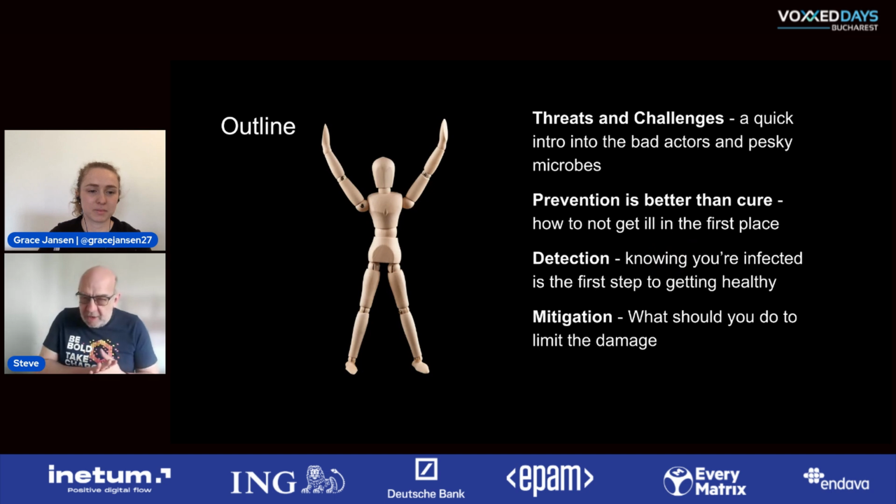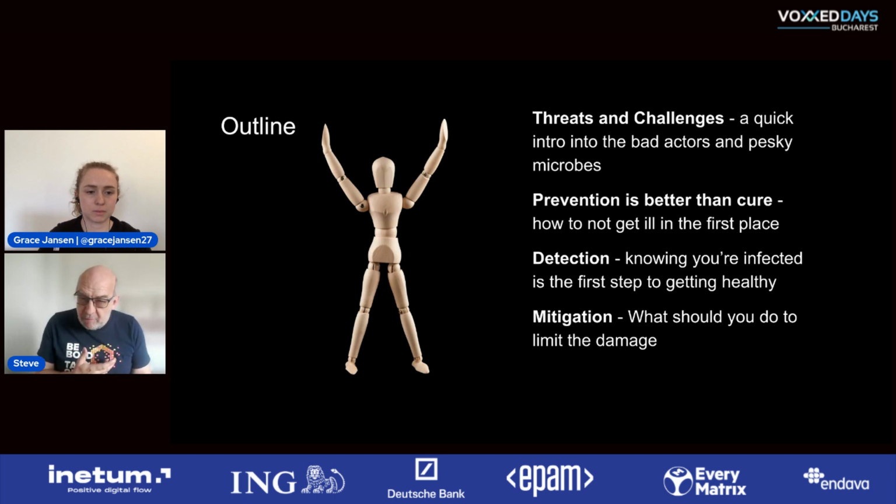So we've broken this down into 4 sections. Threats and challenges, which I'll do first because you need to understand the scale of things to make it real. Then we'll do prevention, which is, how do you stop getting it in the first place? What do you do to keep the bad guys out of your systems? Then we'll do detection, which is, so they got in.